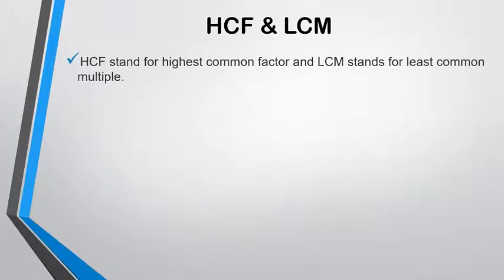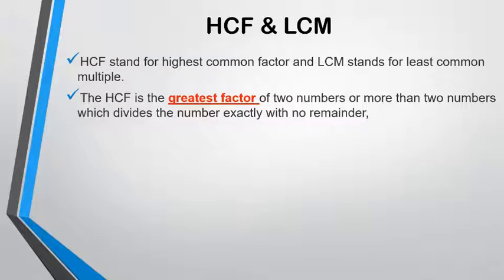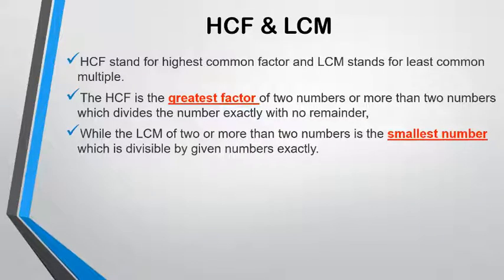What is HCF and LCM? HCF stands for the highest common factor and LCM stands for the least common multiple. The HCF is the greatest factor of two or more numbers, which divides the numbers exactly with no remainder, whereas the LCM of two or more numbers is the smallest number which is divisible by the given numbers exactly.